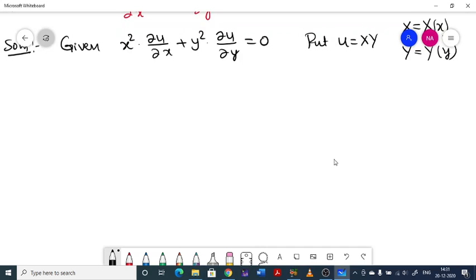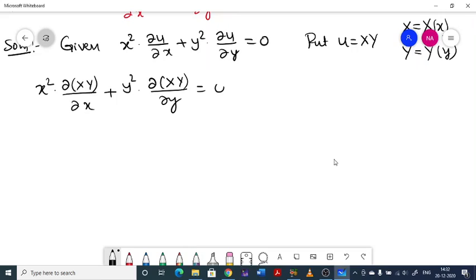Now substituting that, we'll get x square into dou of XY by dou x plus y square into dou of XY by dou y equal to 0.